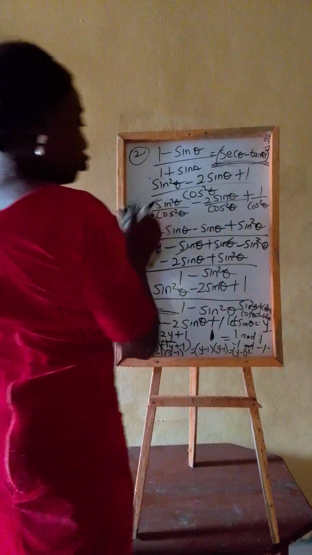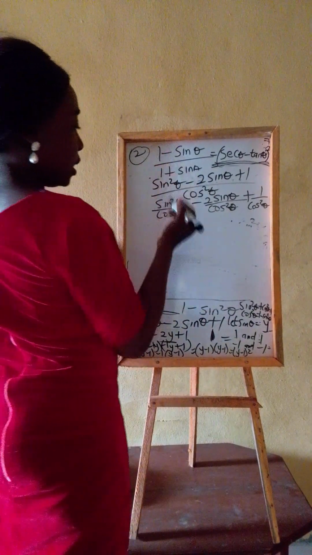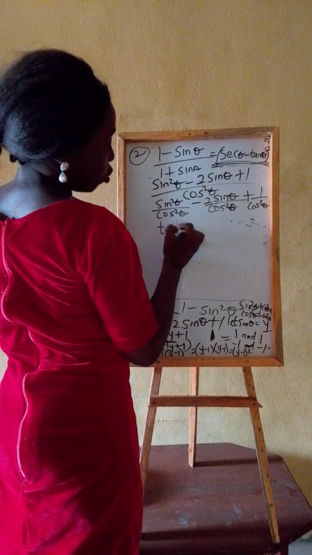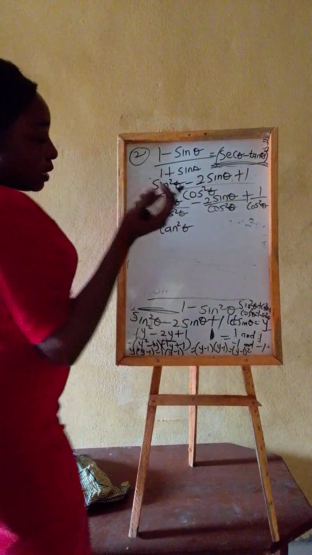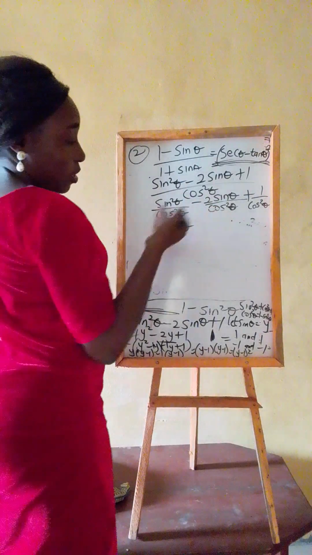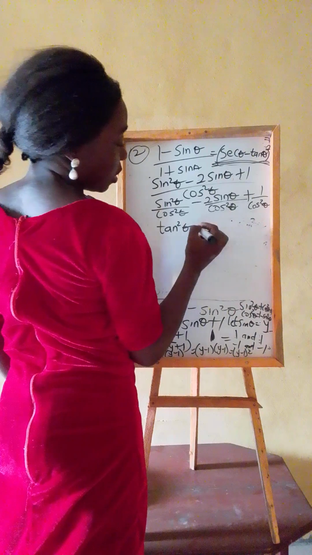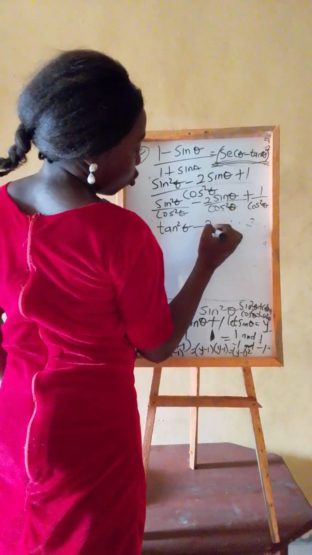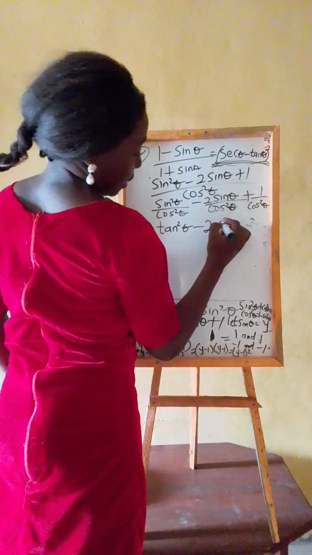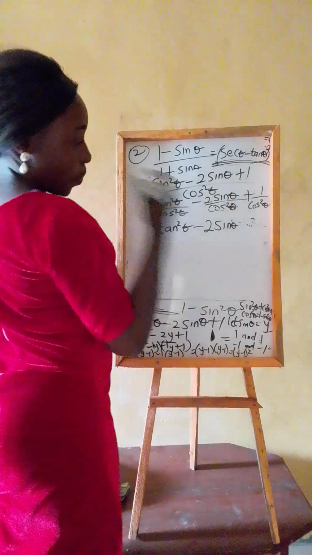So this is going to give us tan squared theta. Remember, sine over cos is tan.